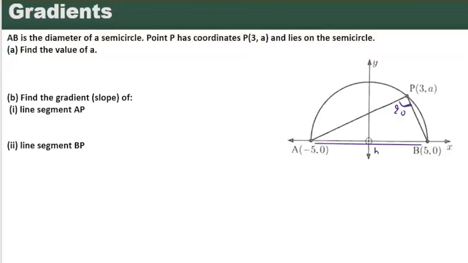the hypotenuse to the power of 2 equals the sum of the other sides to the power of 2.